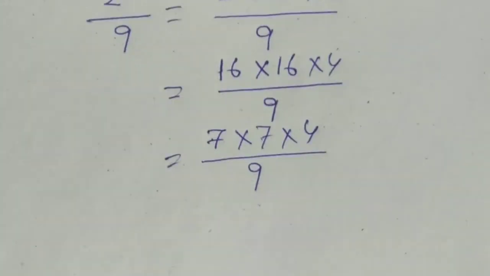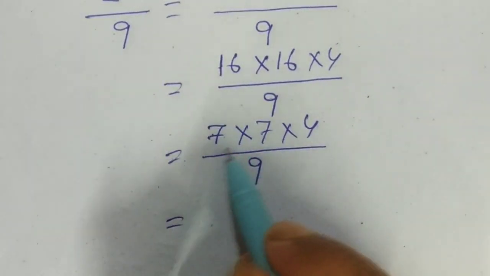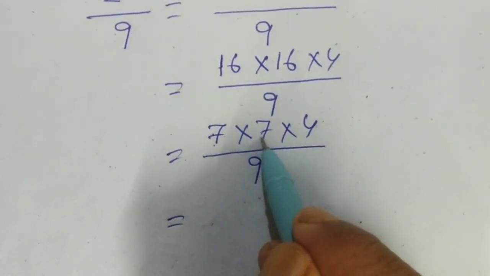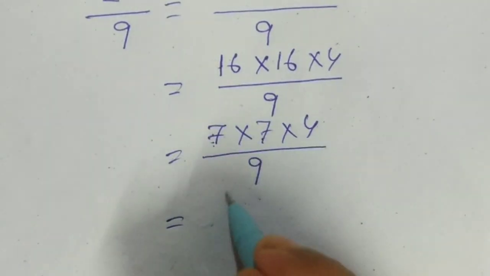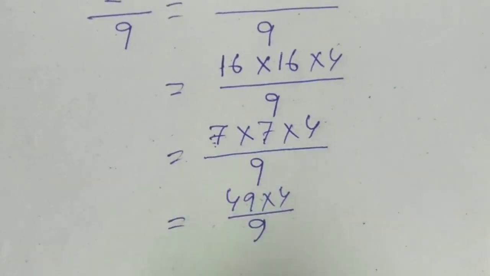Now see here, in the next step we will continue. This is 7 into 7 is 49. So 49 into 4 divided by 9.